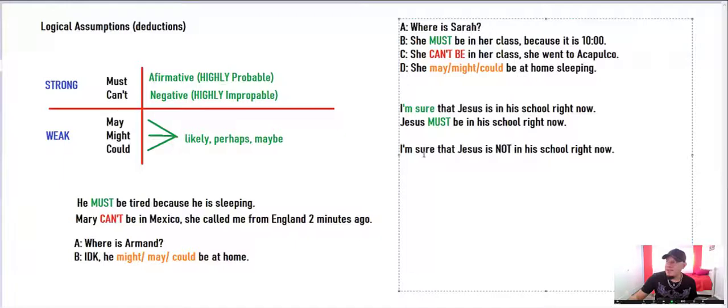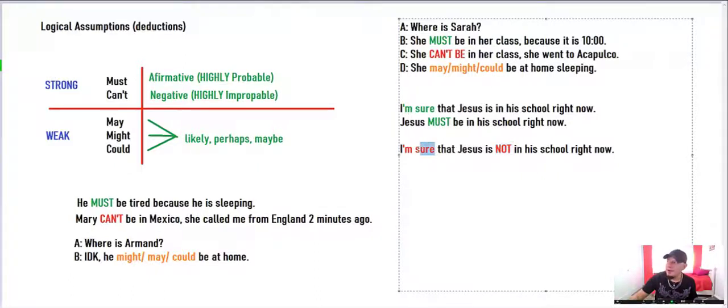In this case we have I'm sure, okay, good. But in this case, we have a negative in our sentence. It says not. So the first one is only I am sure that Jesus is in his school right now. In the second one, it says I'm sure that Jesus is not in his school right now.